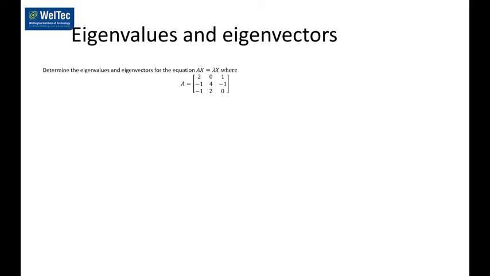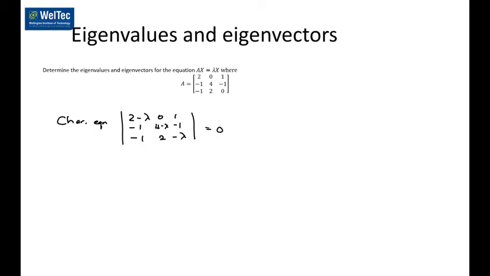The characteristic equation this time, the characteristic determinant, is going to be 2 minus lambda, 0, 1, negative 1, 4 minus lambda, negative 1, negative 1, 2, 0 minus lambda or negative lambda, and that's got to equal 0.